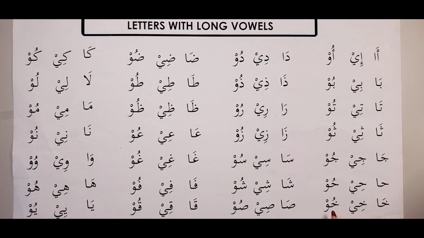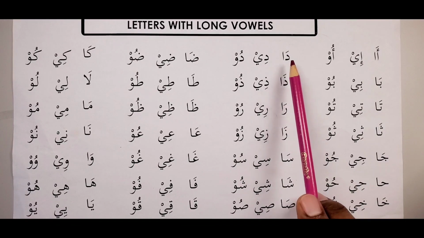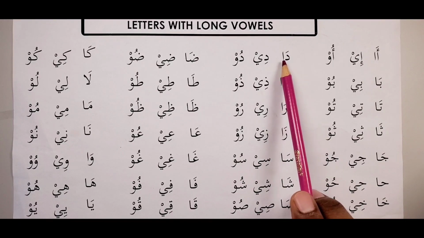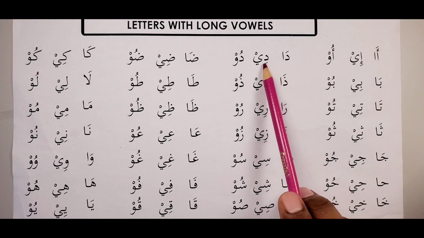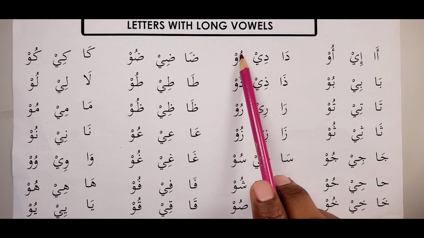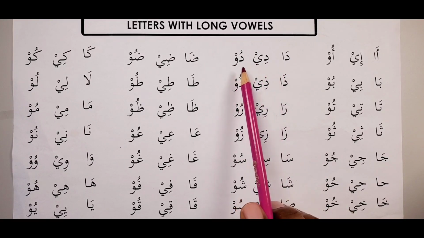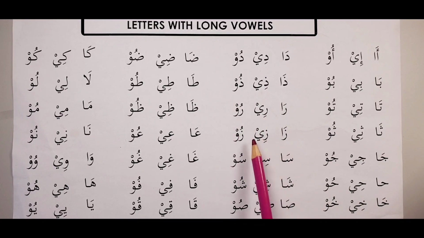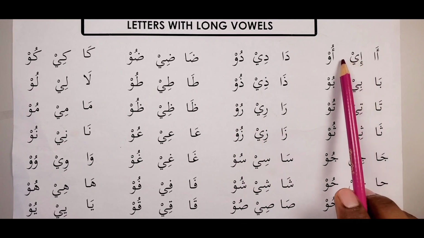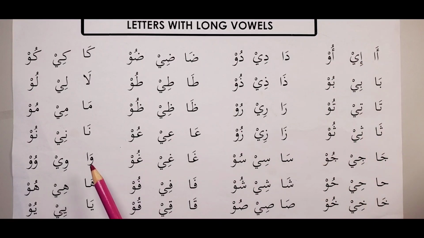Okay. On the second column we have Dal with a Fatha, and Alif to make it long, Dal with a Kasra and Ya to make it long, Dal with a Dhamma and a Waw to make it long. And if you look at Dal, Dhal, Ra, and Za, and Alif, which we've just done, remember we call these ones non-connectors, and also Waw.